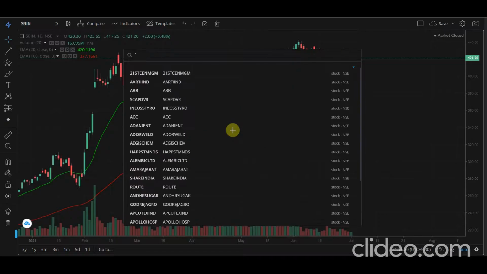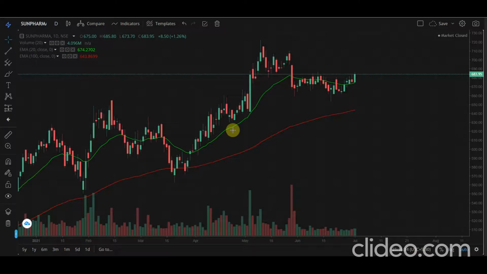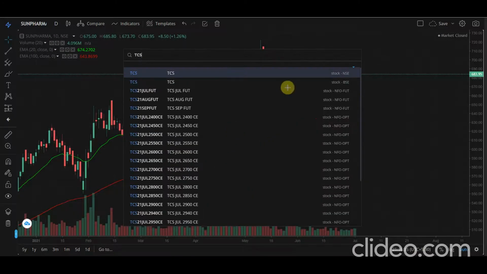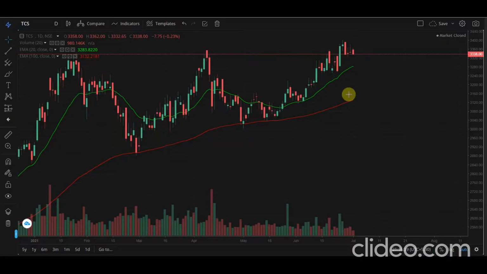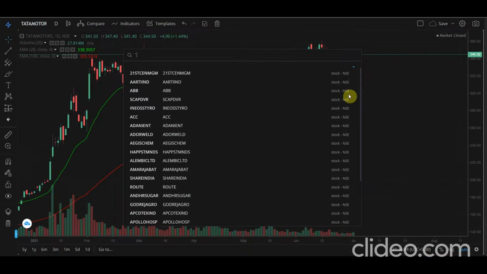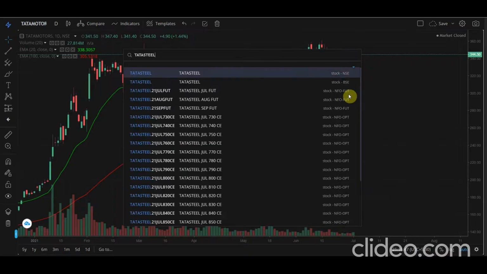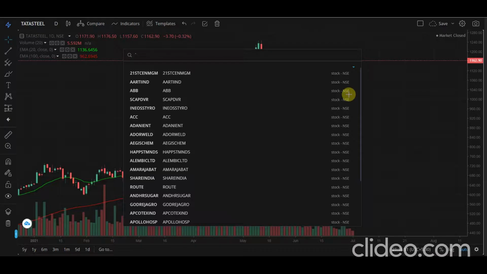Sun Pharma, very far. Tata Consultancy, let's see. Yeah, it's again a huge gap. Tata Motors, huge gap. Tata Steel will also have a huge gap, I'm expecting. Yeah, huge gap. Tech Mahindra.